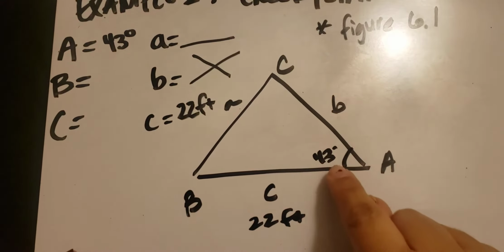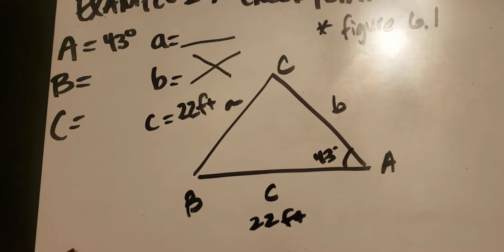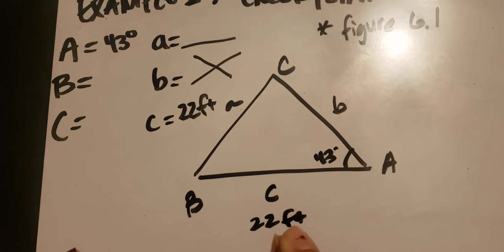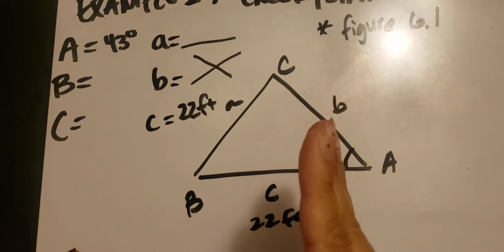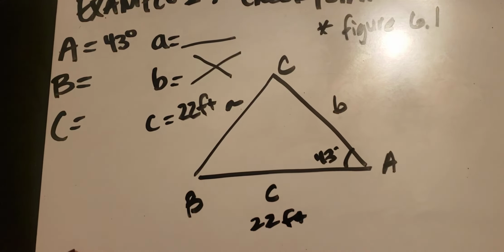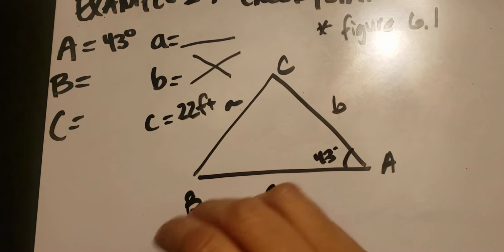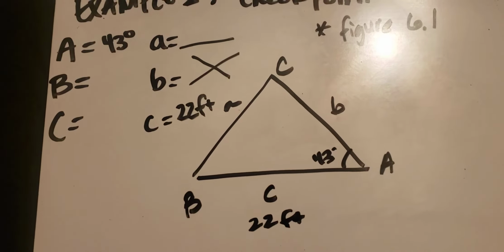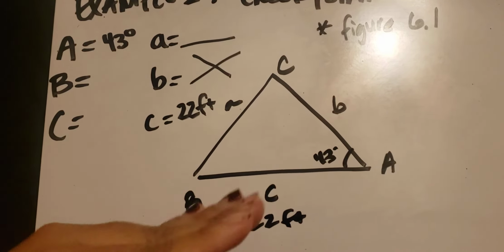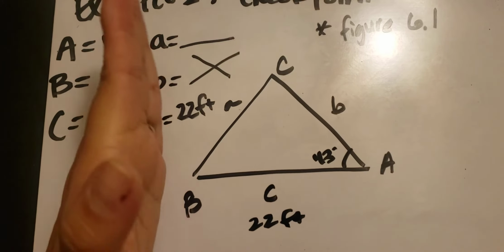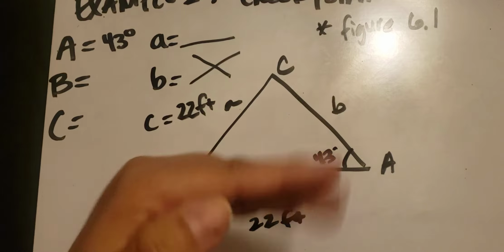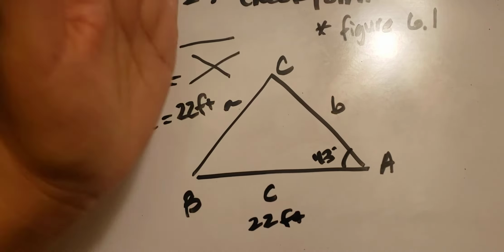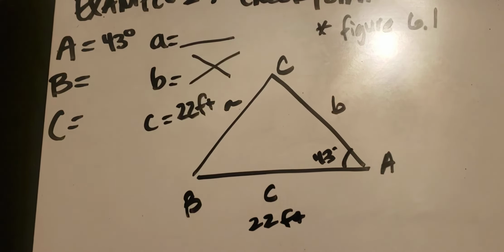So they give us an angle, 43 degrees, they give us a side, 22 feet, but they also say that the pole is going to be tilting away from the sun, under the same conditions. If you look at the example, that one is 8 degrees towards the sun, so that one's leaning this way. Since this one is away from the sun, it's going this way. A pole would normally be vertical.